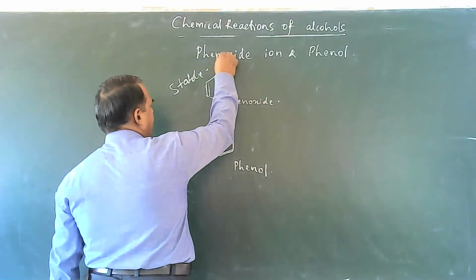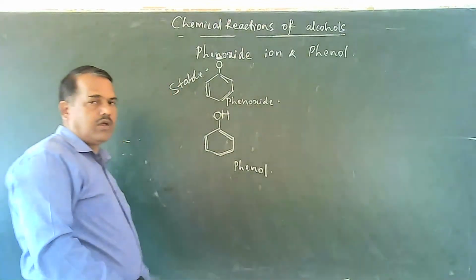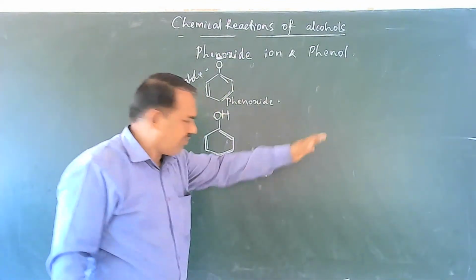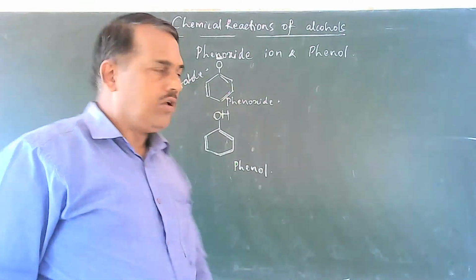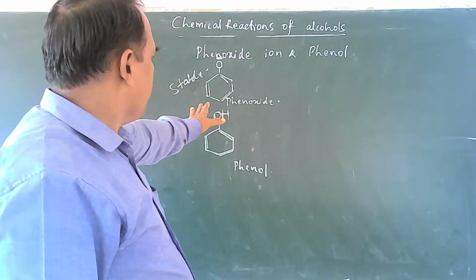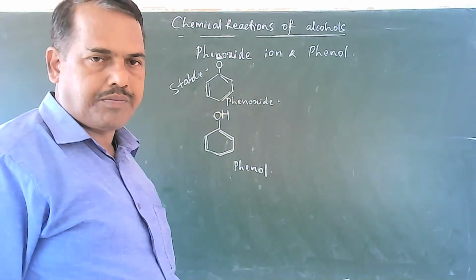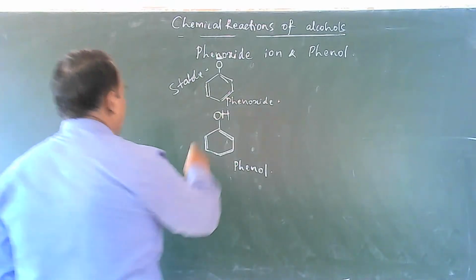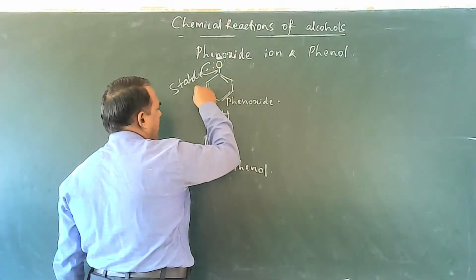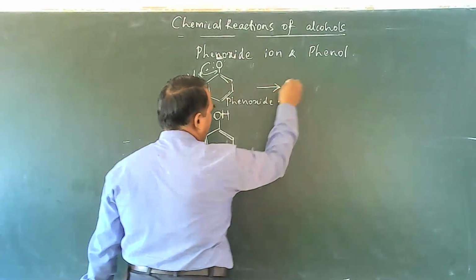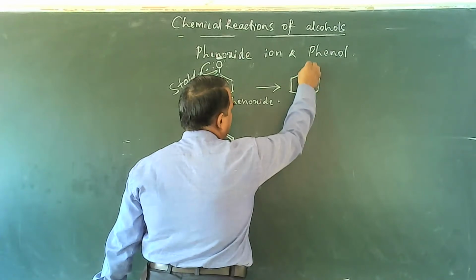As the negative charge is here, again you can find resonance also. Phenol resonance you already studied, so you can easily compare the phenoxide ion and phenol. The lone pair has double bond character, so you can easily write the resonance of the phenoxide ion.